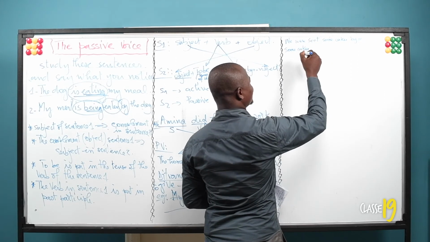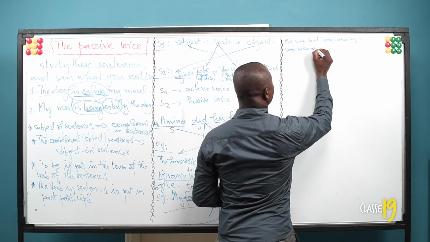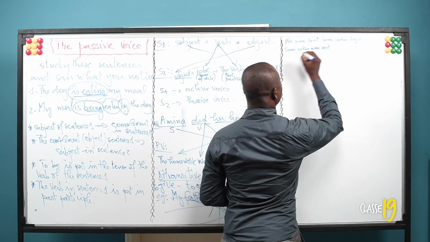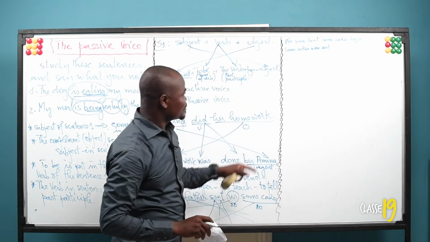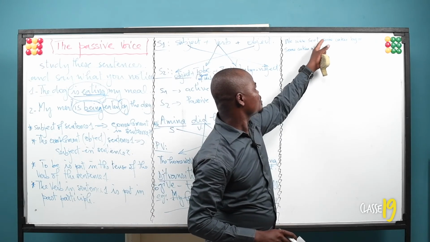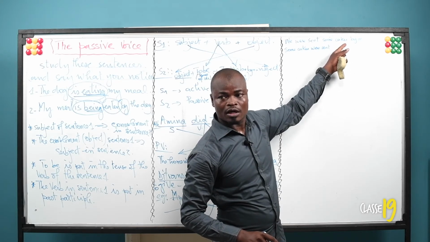Now, to be in the tense of the verb with the plural, were sent. Now, when you observe this sentence, after the verb, we have the direct object.